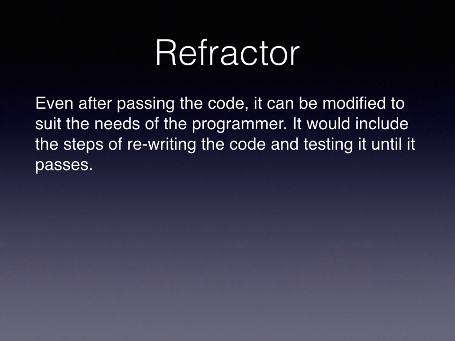And so what this is, after even passing the code, getting released, you can then modify this code to suit the needs of the programmer and the technology around it as well. And by updating it, you would also have to cycle it back through the past three other stages as well.